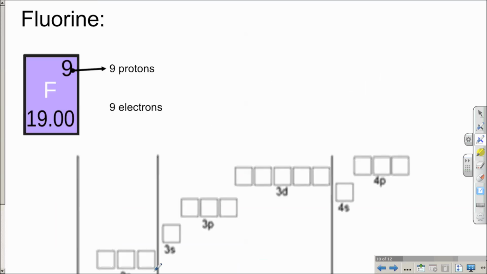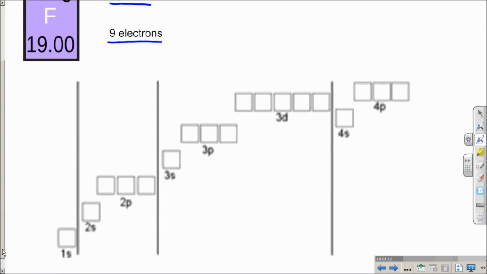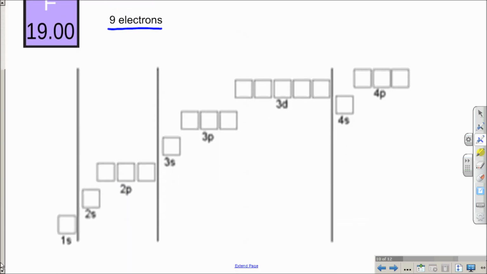Next we'll try fluorine. According to the periodic table, fluorine has an atomic number of 9, meaning it has 9 protons. And if we assume that this is neutral, which we should, that means also 9 electrons. So if we make our arrow orbital diagram, we will have 9 arrows total.